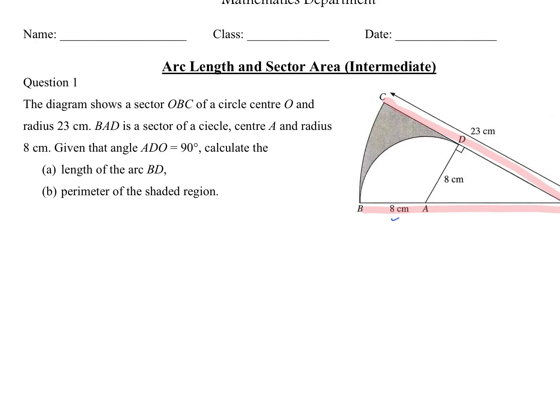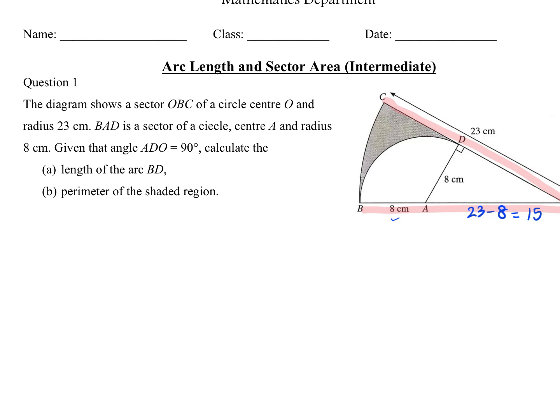So AO can be found by taking 23 minus 8, that will give you the number 15. So these are some of the additional information that you can find out, and you write them down as you go along while reading the question.